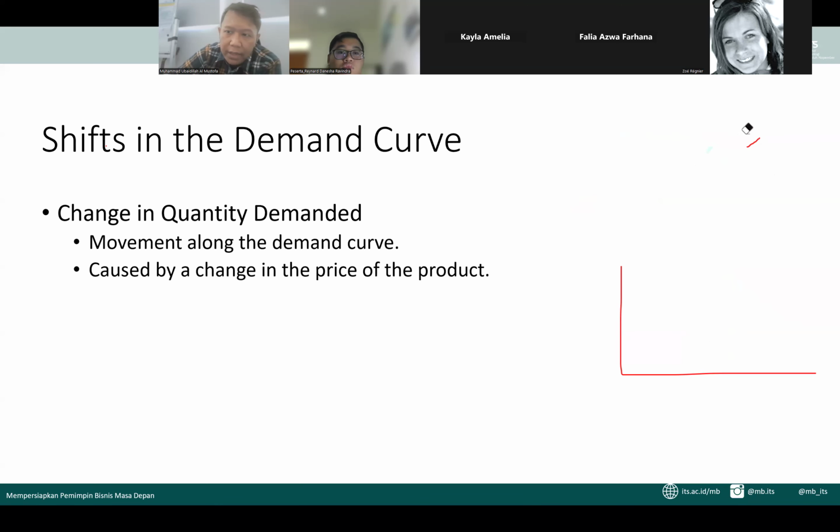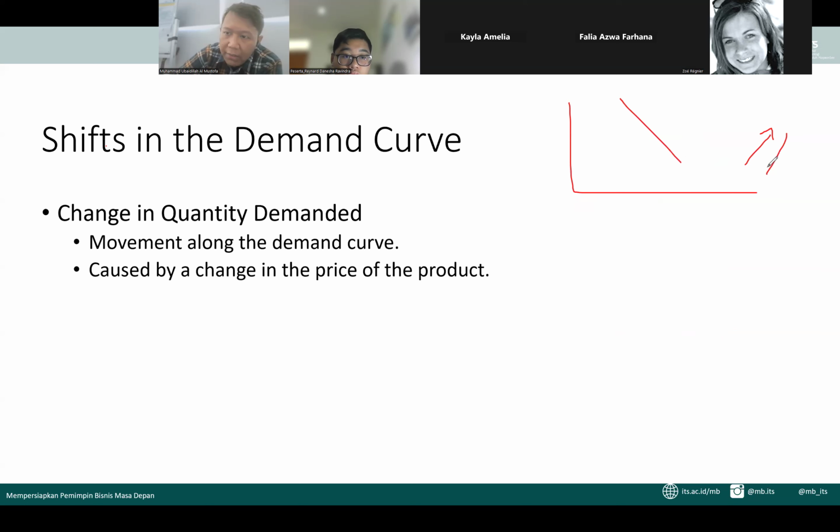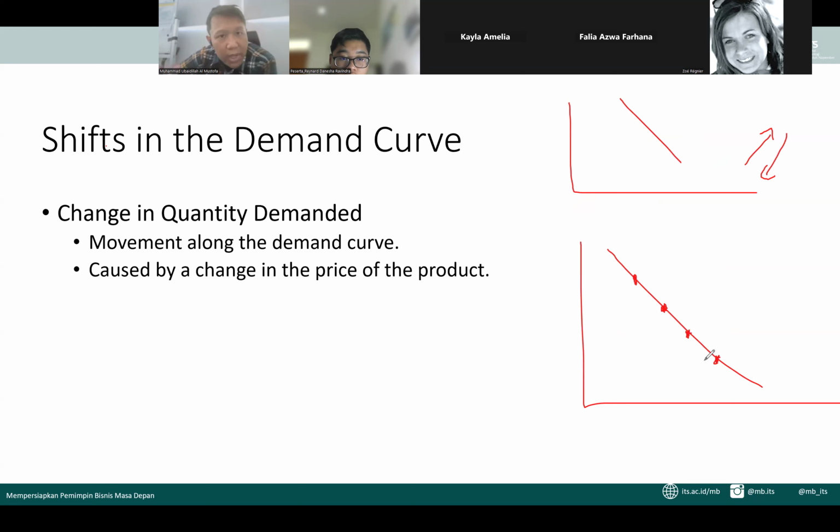If the curve is shifting, it means that it moves either to the right or to the left. But we also have a movement along the curve. So we have two types of movement. We have a shift, and we have a movement along the curve.